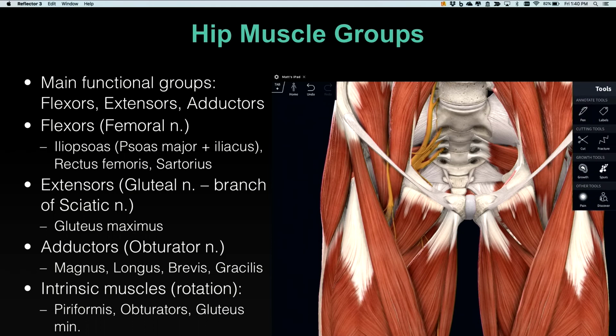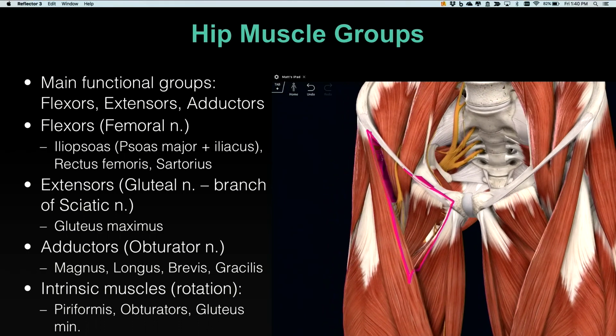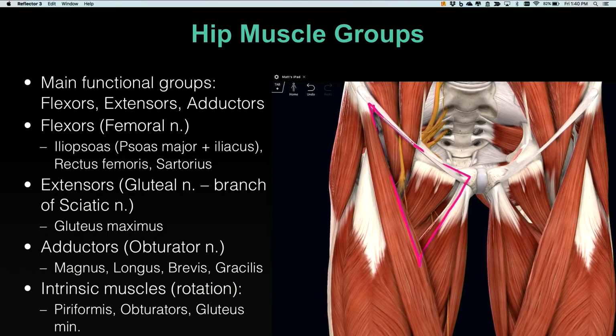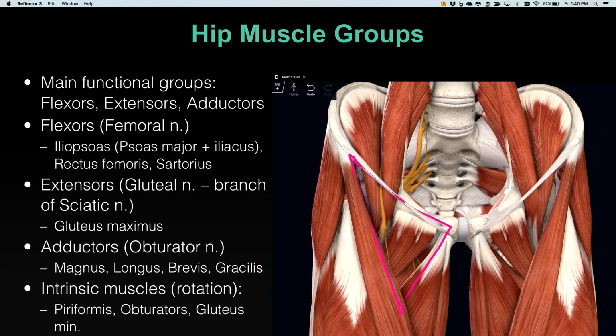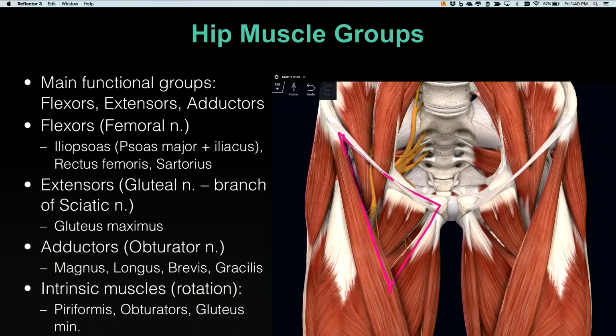Femoral triangle is this area. So the border of sartorius inferiorly, adductor longus medially, and then this long, straight, thin ligament called the inguinal ligament, which connects the pubic bone to the ilium.